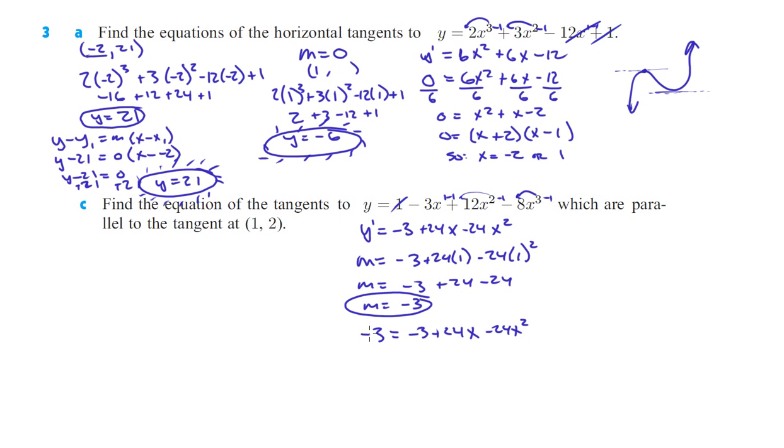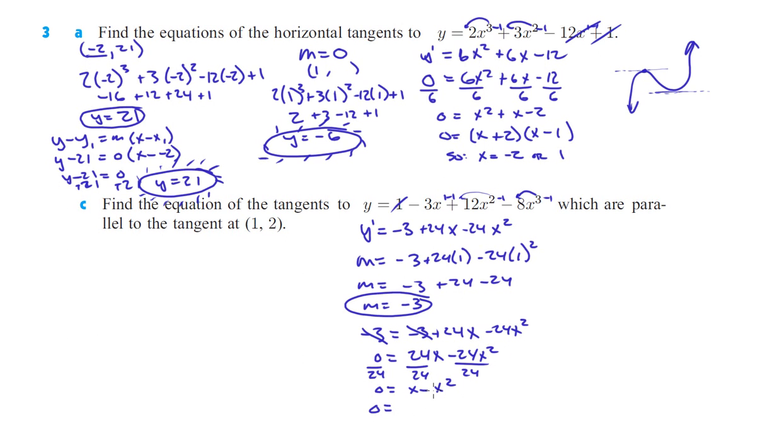Okay, so the negative 3's, we can just add 3 to both sides to get rid of those. So we get 0 equals 24x minus 24x squared, right? We can divide everything by 24 to get rid of those 24s to make it look a little nicer. So we get 0 equals x minus x squared.